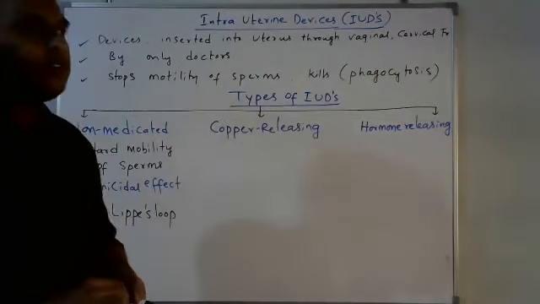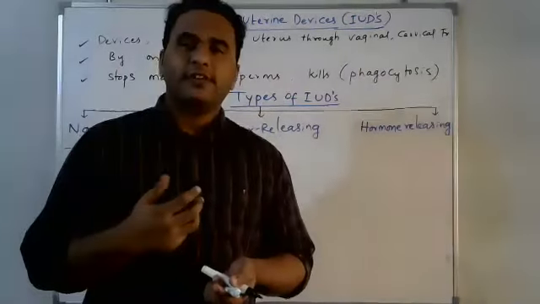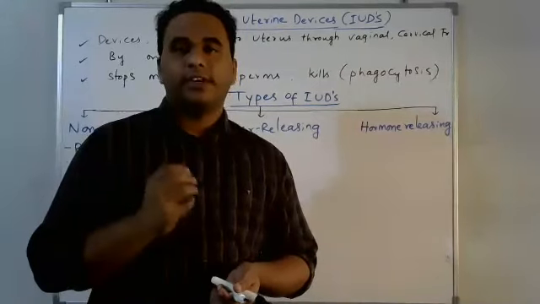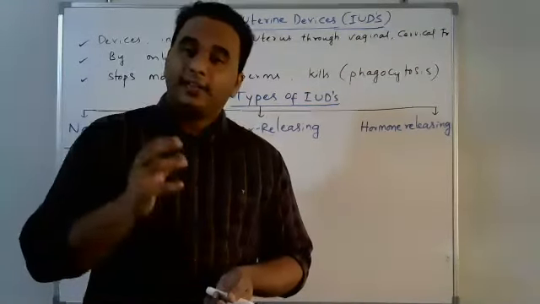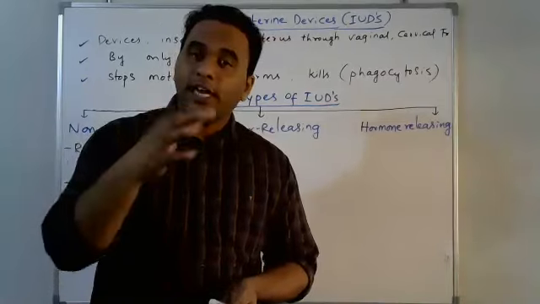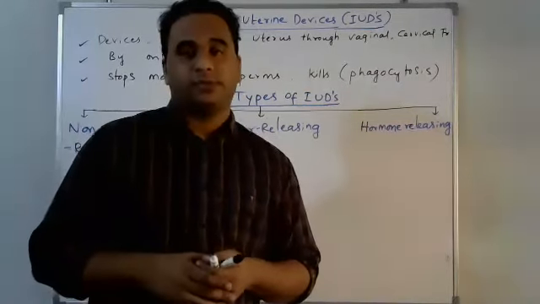Coming to copper releasing IUDs, these IUDs are equipped with copper. These copper ions will suppress the motility and fertilizing capacity of the sperms.